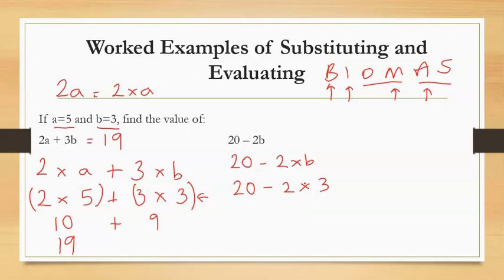Now I'm going to look at the rules of BIDMAS, which tells me I've got to do the multiplication before the subtraction. So I'm going to put the brackets around there. 2 multiplied by 3 is 6. And then 20 subtract 6 is 14. So 20 subtract 2b is 14 when b equals 3.